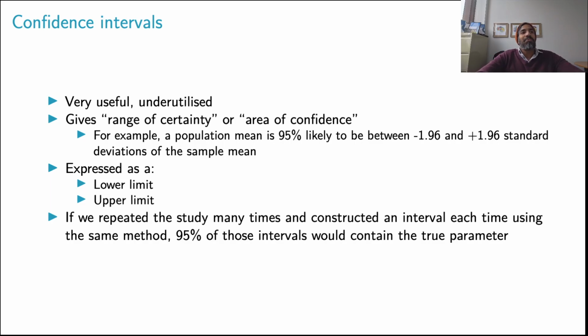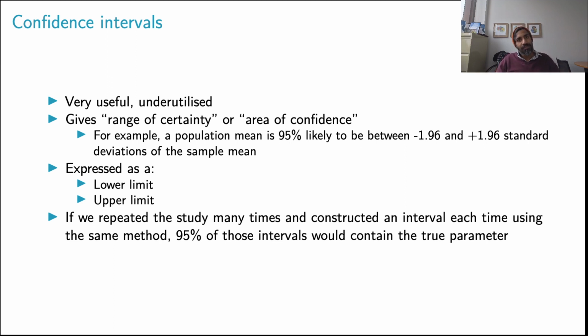Probably I would say confidence intervals are a notoriously misunderstood part of statistics, but actually p-values probably take the cake. But you now have a good understanding of p-values, significance testing, and effect sizes, so that helps. In terms of confidence intervals, they're very useful, but underutilized. They give ranges of certainty or areas of confidence.